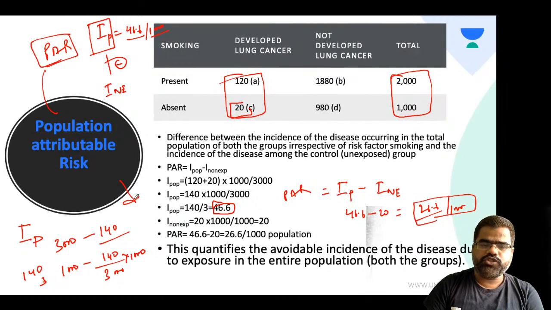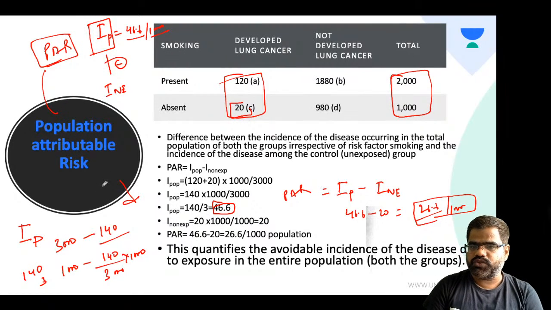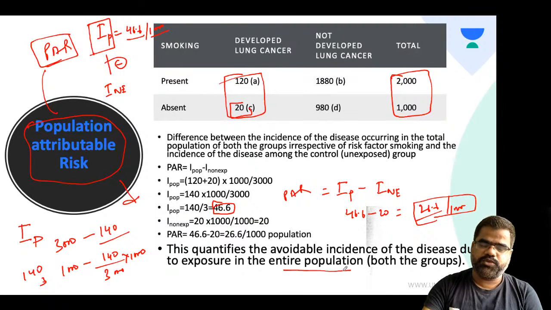Okay. Now this is better than attributable risk also. So if I am a public health expert trying to formulate a policy, I will be more interested in population attributable risk because it is giving us information about the entire population, right? So this becomes better than attributable risk.